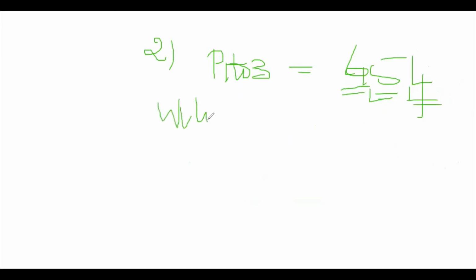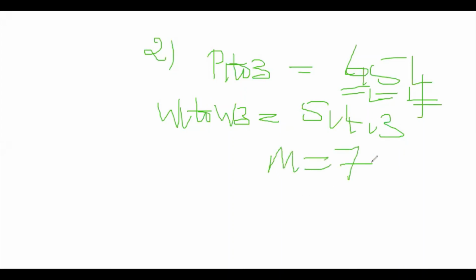The weights W1 to W3 are 5, 4, 3. So the profit is 6, 5, 4 and the weight is 5, 4, 3. What is the capacity of the given problem? M will be equal to 7.